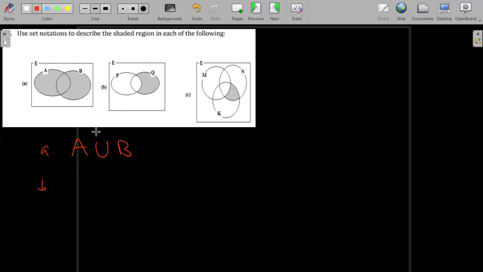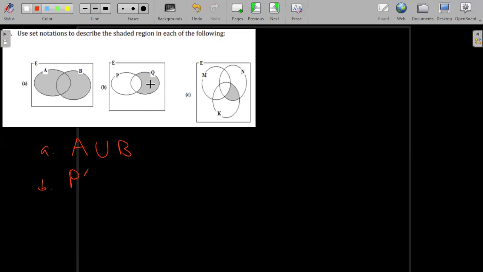Okay, so at part B here, we have P and Q, and we see that the set P itself is not shaded at all. If the set P is not shaded at all, it has to lie in the complement, so that is going to be P complement. Then intersect, looking at the part where Q is shaded.